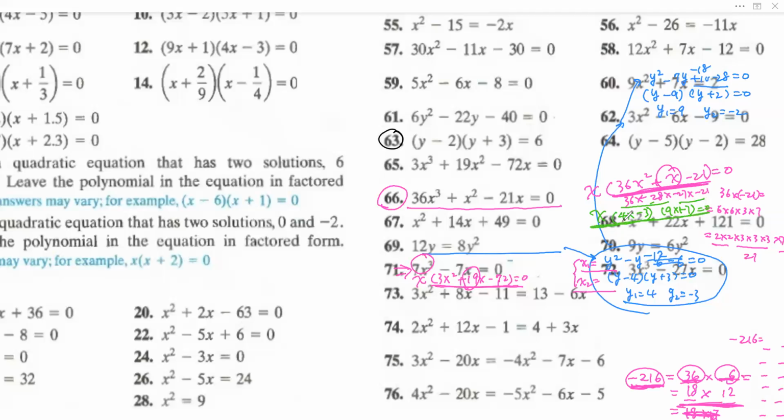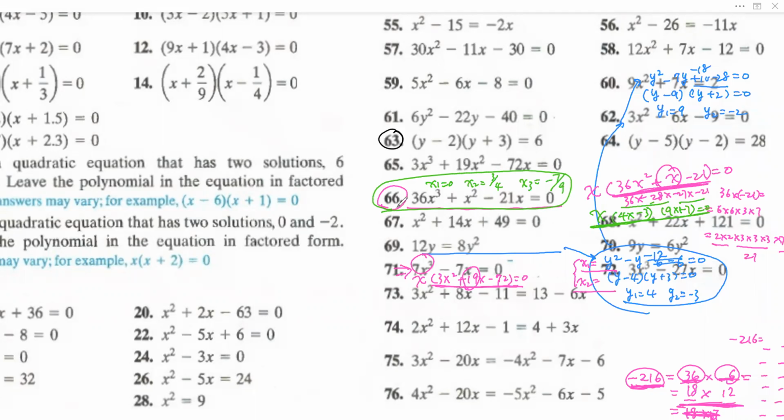So like this one, x times 4x minus 3 times 9x plus 7. So one of the answers is 0, the second answer is 3/4, and the third one is -7/9. All right, so that's 66.